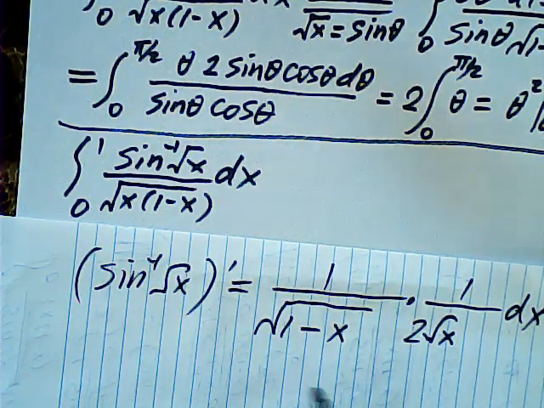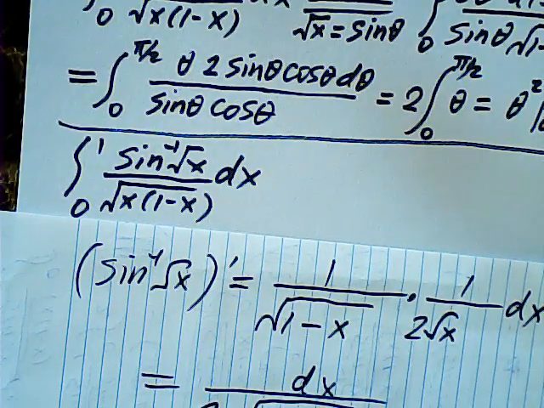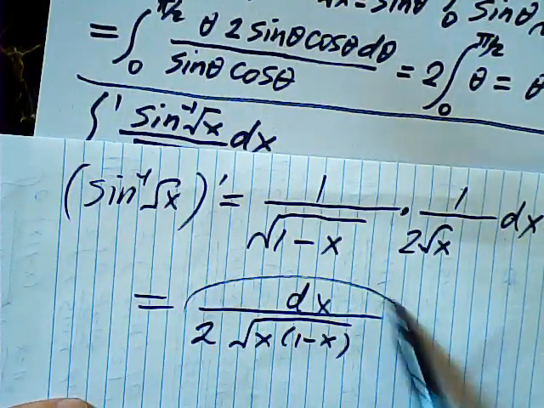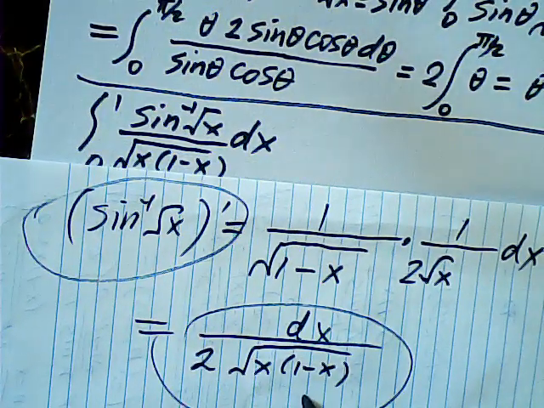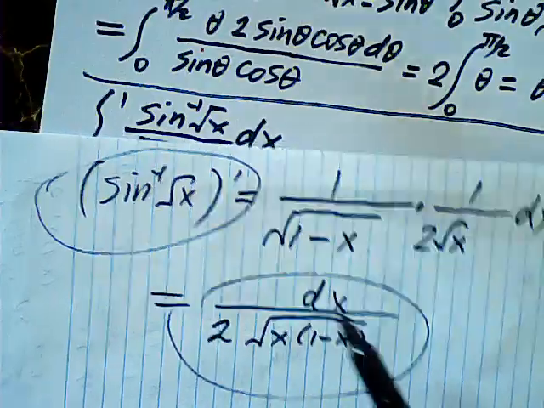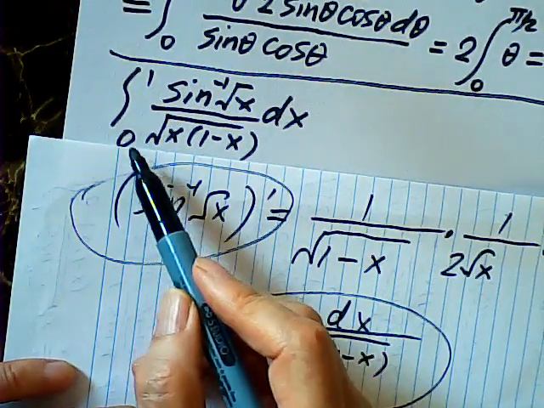So this is equal to dx over 2 square root of x times 1 minus x. So that is equal to this. Now, if I have this, then I can have that. So I almost have that, just missing a 2.